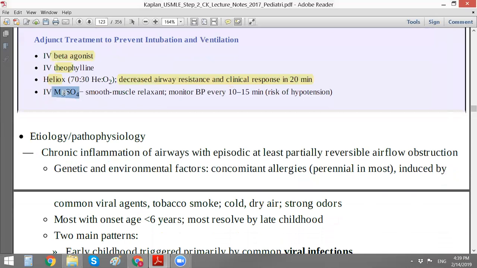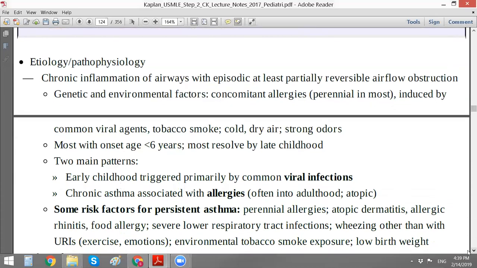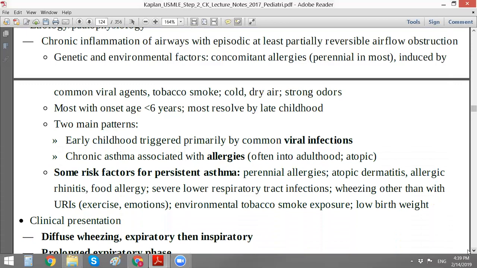IV magnesium sulfate is a smooth muscle relaxant; monitor blood pressure every 10 to 15 minutes for the risk of hypotension. So, short-acting beta agonists, then IV theophylline and Heliox, 70% helium and 30% oxygen, and then IV magnesium sulfate and epinephrine.